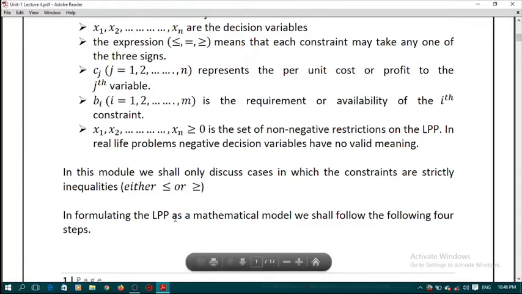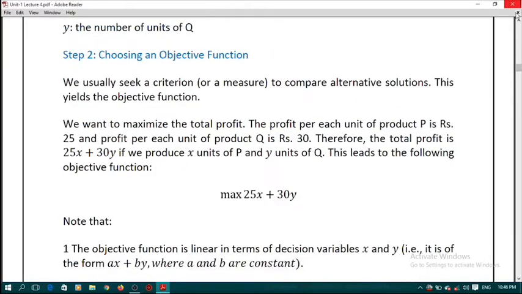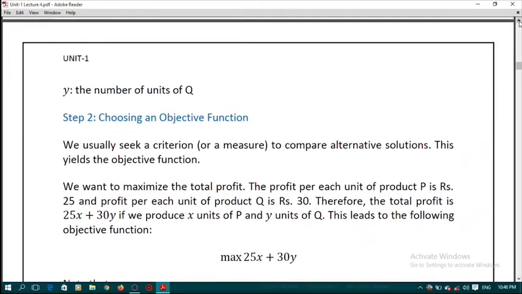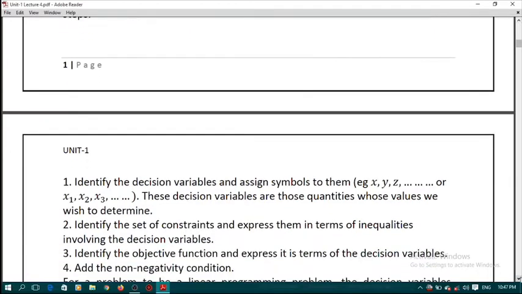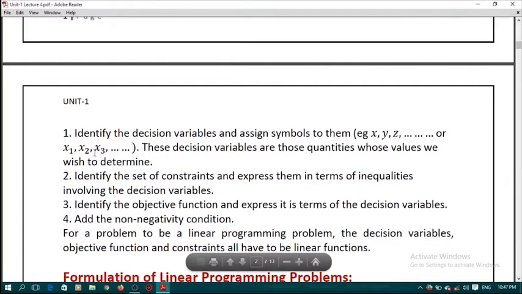In formulating the LPP as a mathematical model, we shall follow the following 4 steps. So now onwards we are going to present the different steps. The first step to formulate an LP model is to identify the decision variables and assign symbols to them. Those symbols are x, y, z, or you can assign x1, x2, x3 and so on.